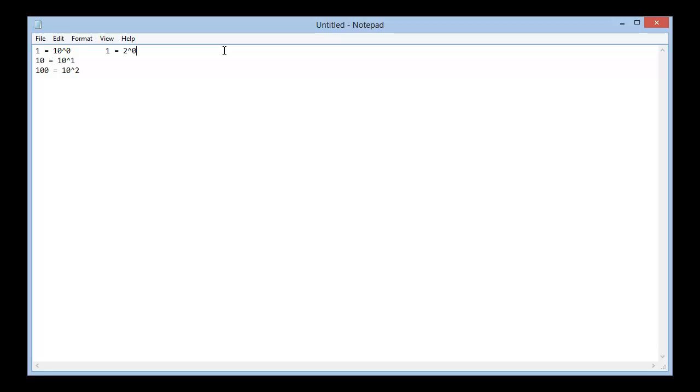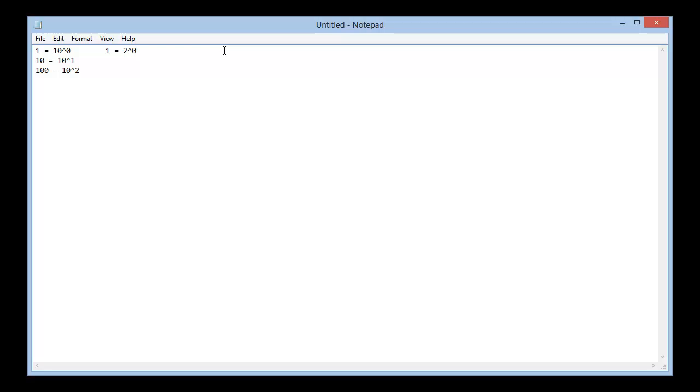The ones place is similar in pretty much every number system. It's whatever that number is to the 0. So hexadecimal, which is base 16, has a ones place that is just 16 to the 0 power.